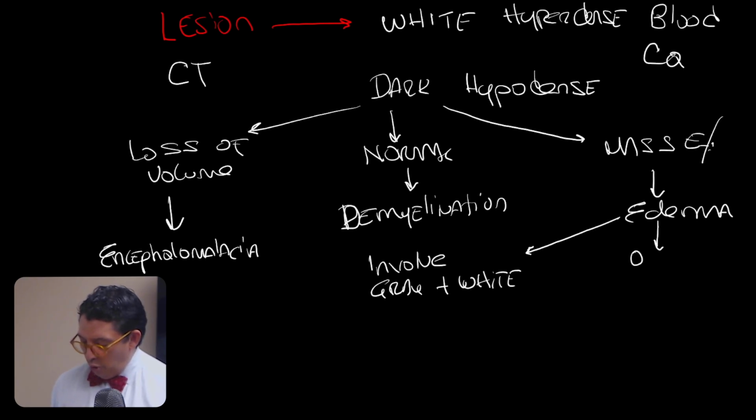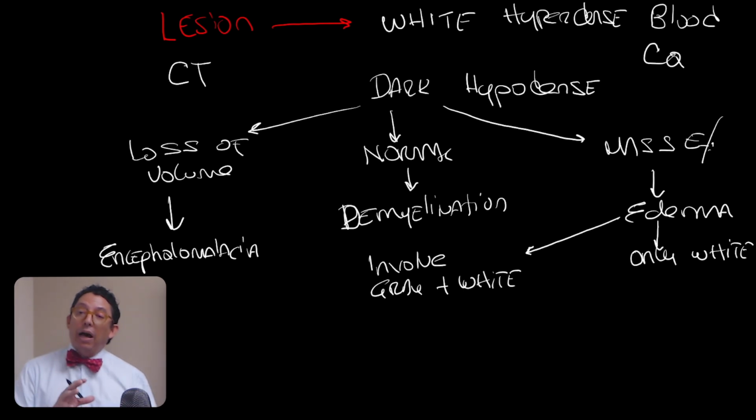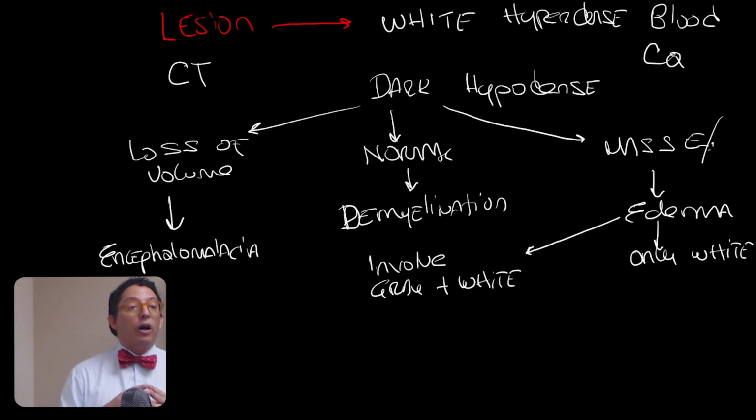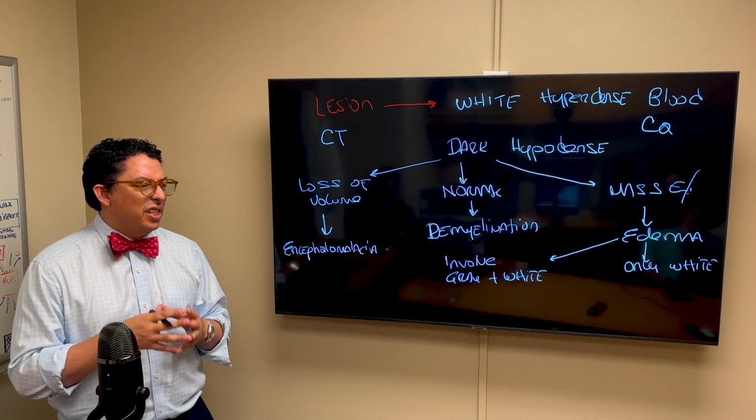Or is it mostly in the white matter? If it's involving the gray and the white matter, we saw that in the previous lecture, that is typically because the neuron, which is the cell that is involved, is edematous. So that is cell toxicity.